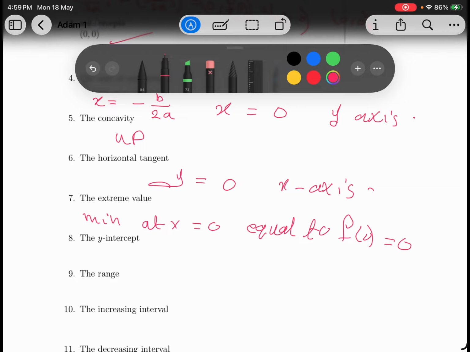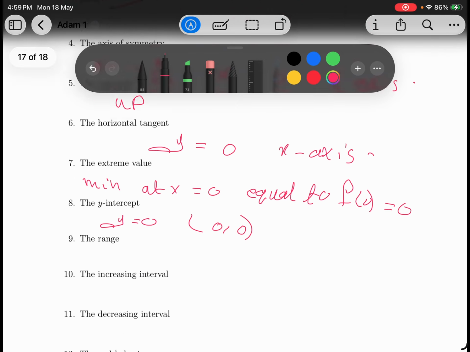And the y-intercept here is 0 as well. You can call this point (0, 0), or (0, c), and c here is 0. So (0, 0) is very special here. It's the y-intercept, the x-intercept, the vertex, the minimum point or the lowest point in this graph.